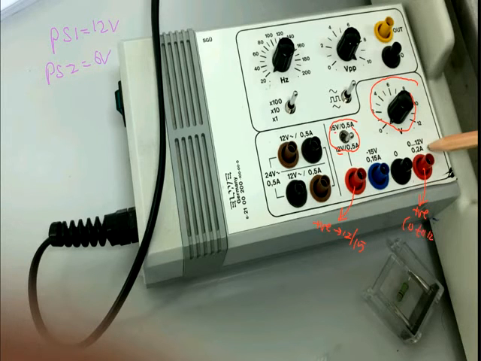You can set any value by rotating this knob, and for both of them this is common ground, the negative terminal. Make sure that in this experiment we are using PS1 as 12 volts. This will be our power source 1, PS1, and this will be our power source 2, PS2.